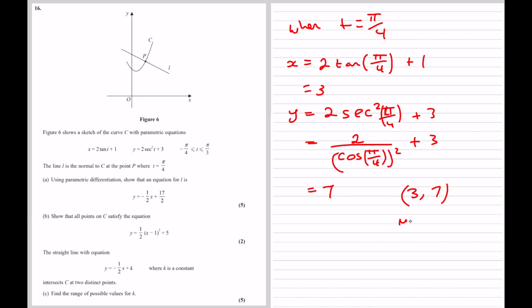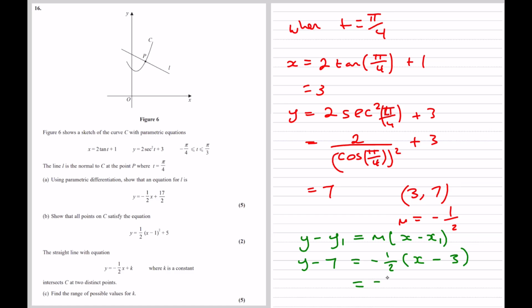We've got the gradient as minus a half. So we can just use y minus y1 equals m times x minus x1. So y minus 7 equals minus a half x minus 3.